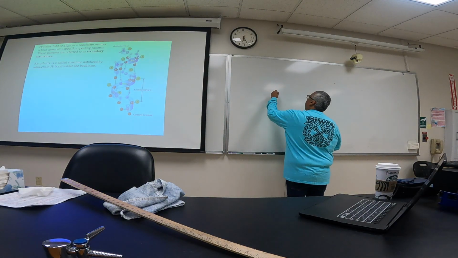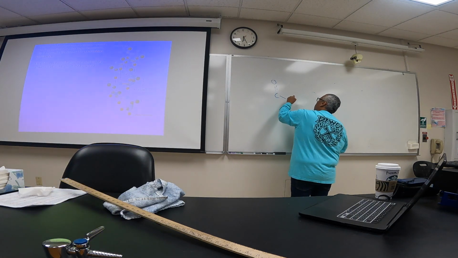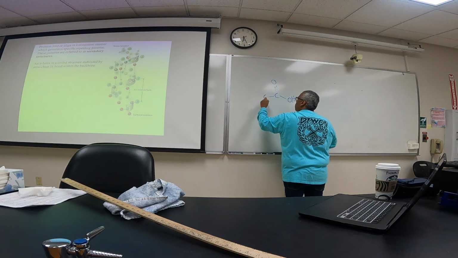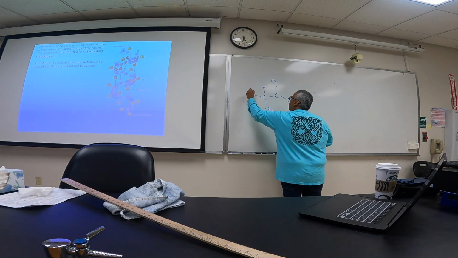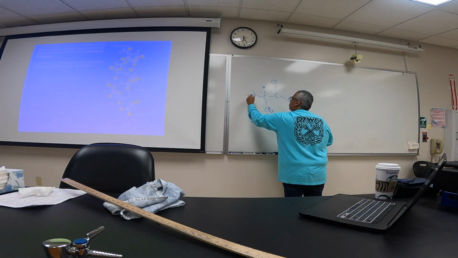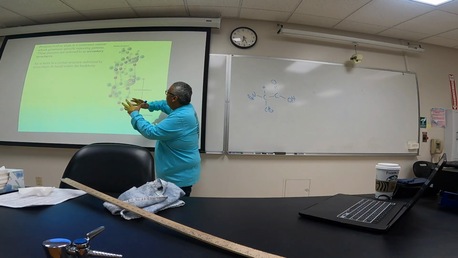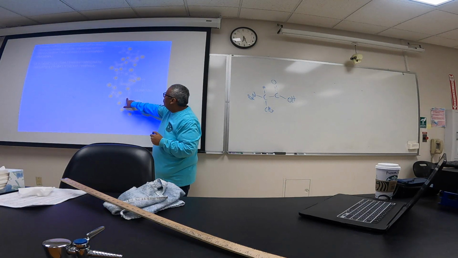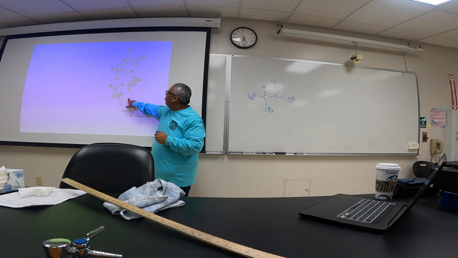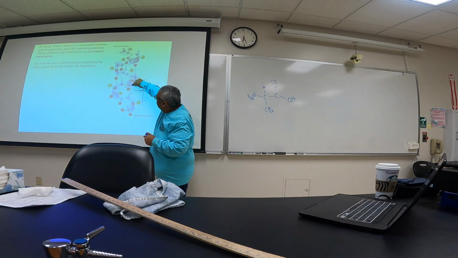So if we look at an amino acid, because of the way it twists and folds, we create a bond between the alpha amino group and that carboxyl group, and they form this hydrogen bond.